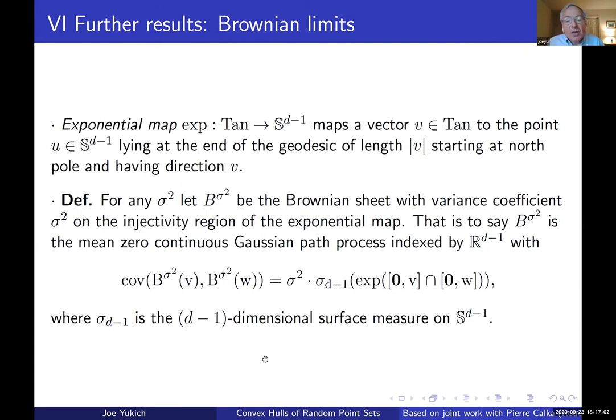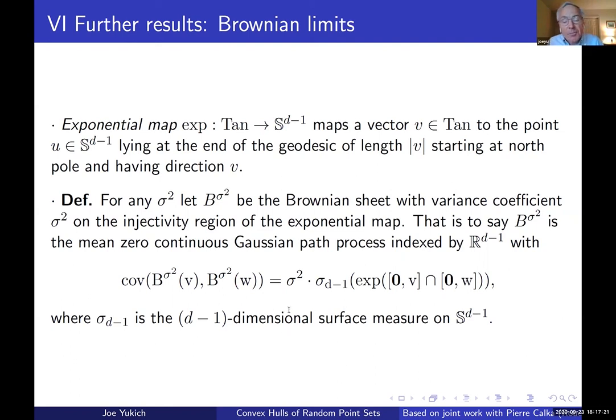This Brownian sheet is defined on the region of the exponential map where it's 1 to 1. That's to say that we're defining a Brownian sheet that's a mean zero continuous Gaussian path process indexed by R^(d-1), having this covariance structure.